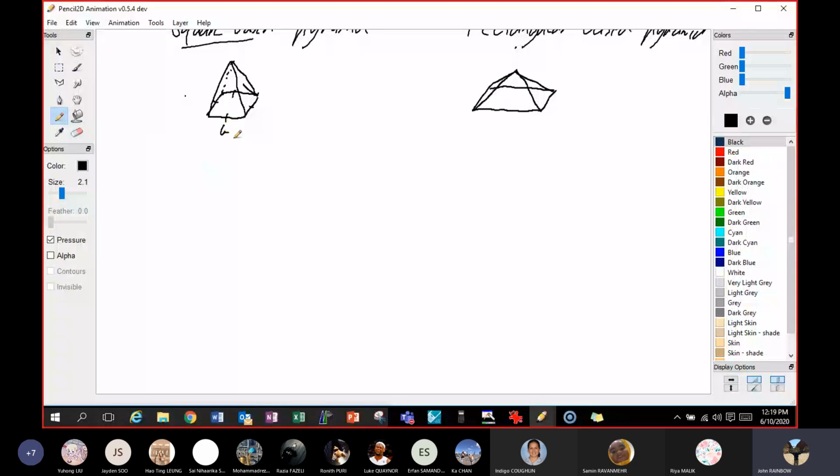So if we know this is the base, and let's call this the slanted height, okay? This measurement here is the height. And that height makes a right angle right here. So it's going straight up to the apex of the top of the pyramid.